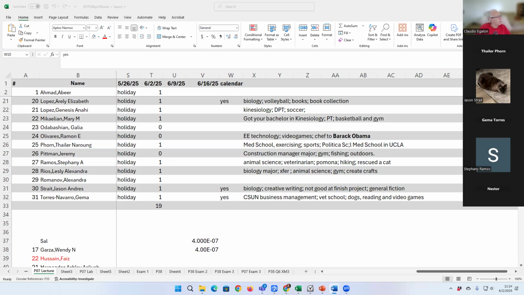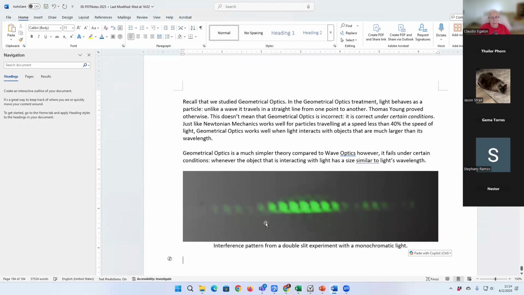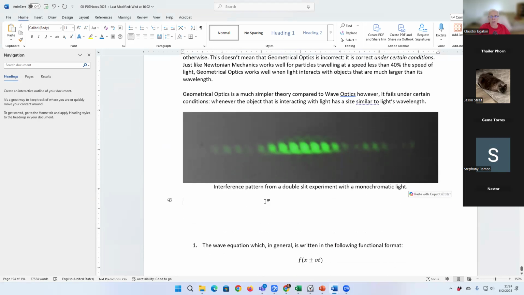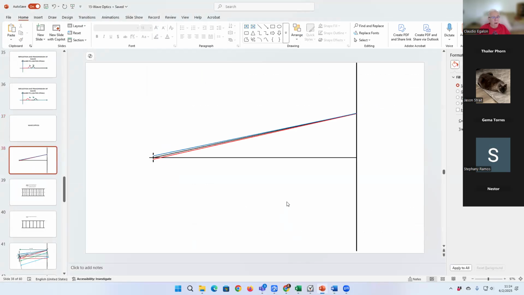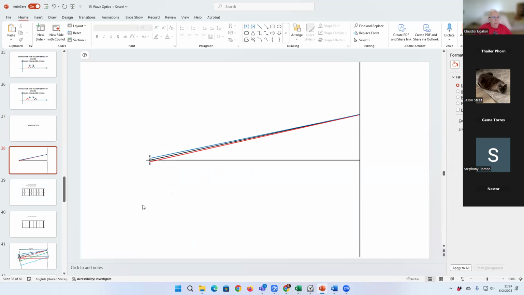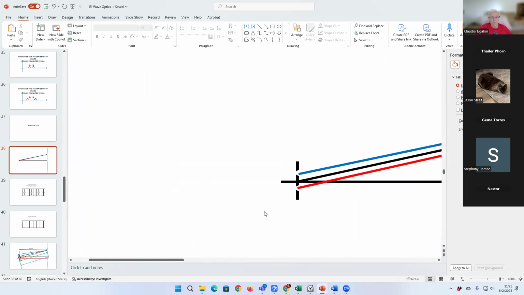Okay, here you go. I took a picture from an actual experiment. This is what you see whenever you pass light through a double slit. Here we have a double slit right in here.